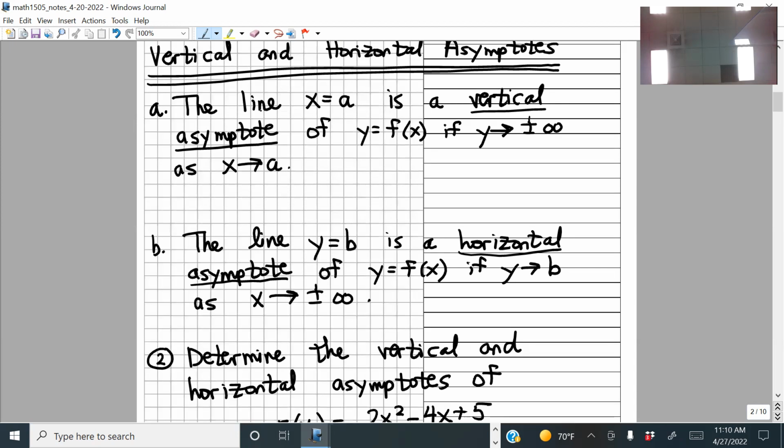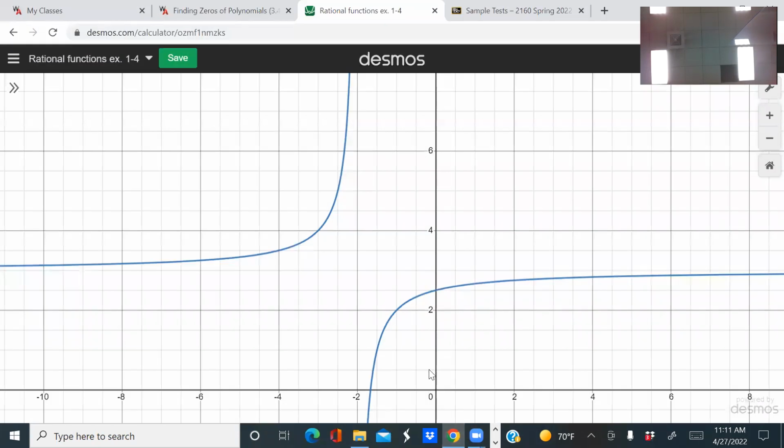All right, so that's what's happening in the graph of our first example here. We had a vertical asymptote at x equals -2, right? Because as your x values get close to -2, notice your y values are getting close to either positive or negative infinity.